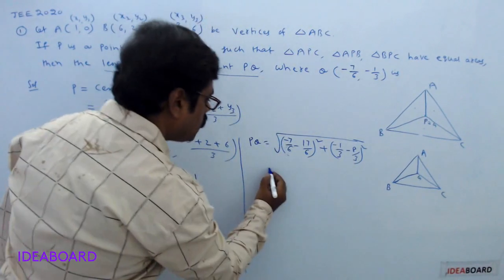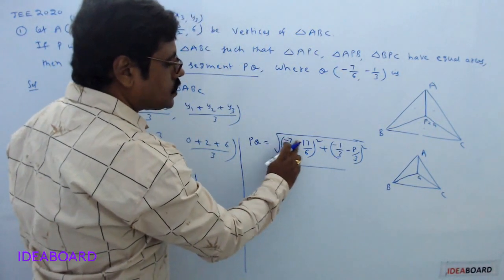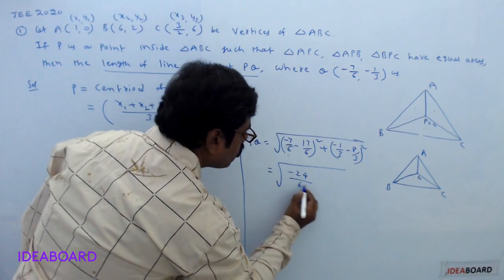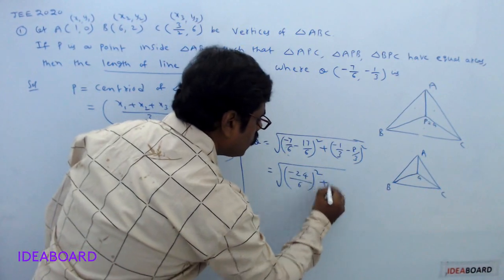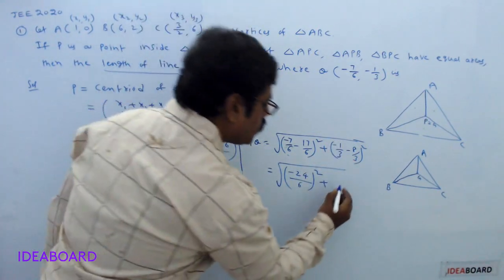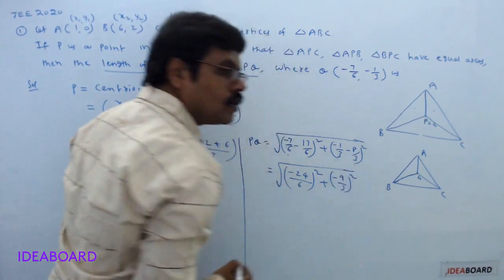Now do the simplification. This is the square root of, LCM 6: (-7 - 17) is -24, divided by 6, whole square, plus, LCM 3: (-1 - 8) is -9, so (-9/3) whole square.